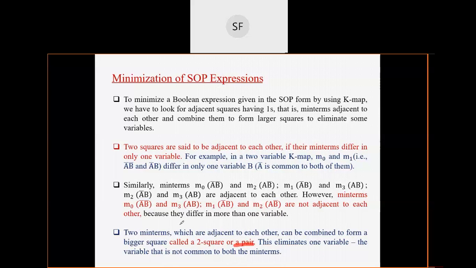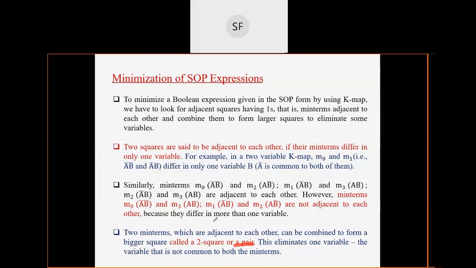Okay. So two minterms which are adjacent to each other can be combined to form a bigger square which is called a pair. I will not call it a two square; in our discussion we will say it is a pair. So this eliminates one variable. Now why are we combining two adjacent minterms?